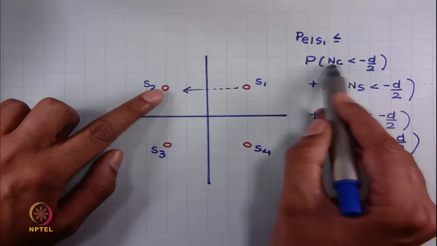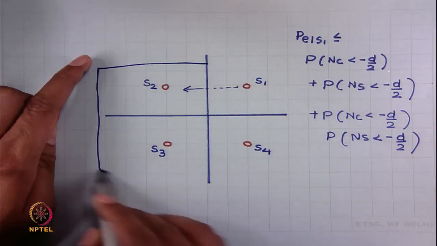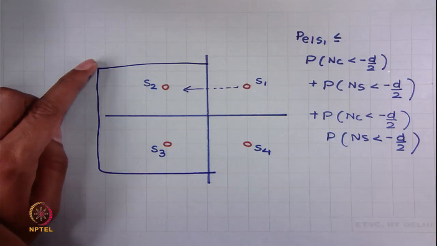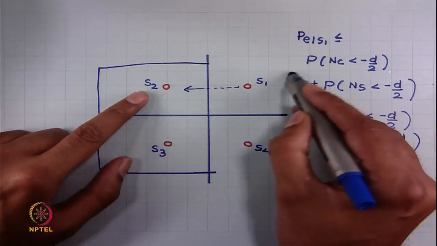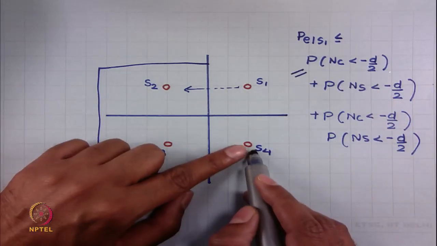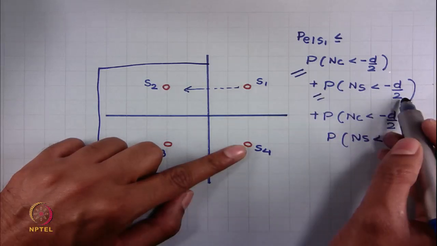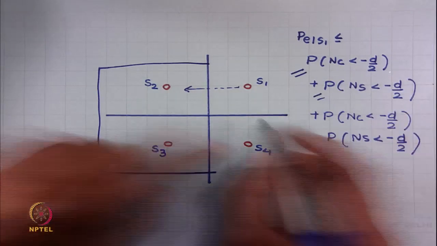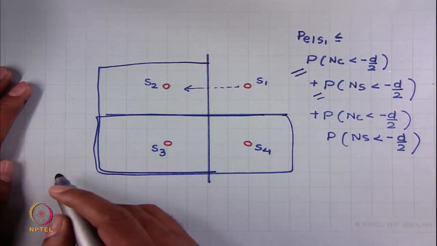So, when we are saying that NC should be less than minus d by 2, we are covering the second and third quadrant. So, the probability of error due to S2 would be given by this condition, and the probability of error due to S4 will similarly be given by this condition. And when we use this condition, we are already covering the third and fourth quadrant.